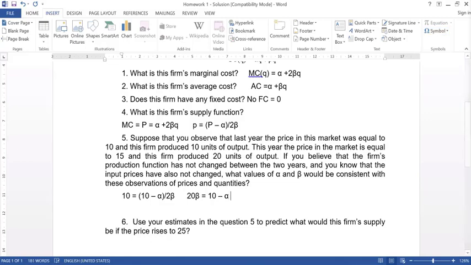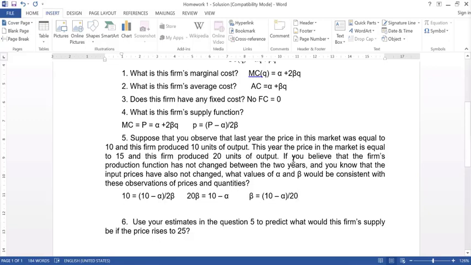So beta equal 10 minus alpha, divided by 20. Beta equal 10 minus alpha divided by 20. That's last year.